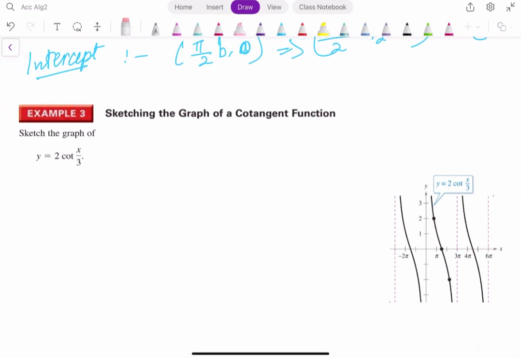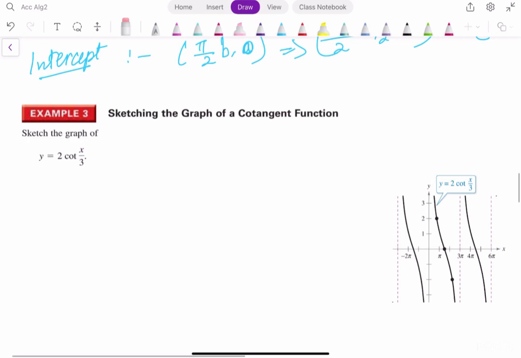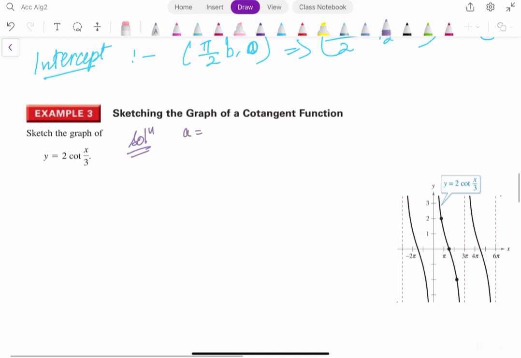So if you look at the graph, you know A is equal to 2 and B will be 1/3. The graph is already given, but we will calculate each and everything and we will match with the table. So A is 2, B is 1/3. So the period will be pi over B, and B is 1/3.